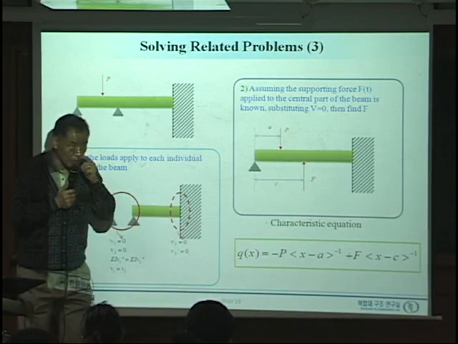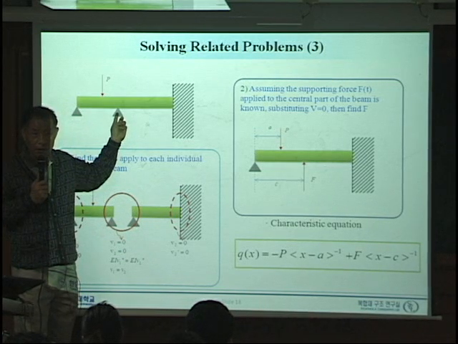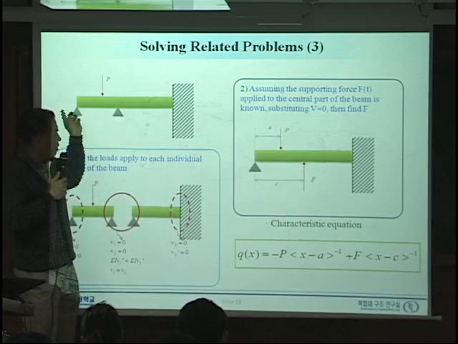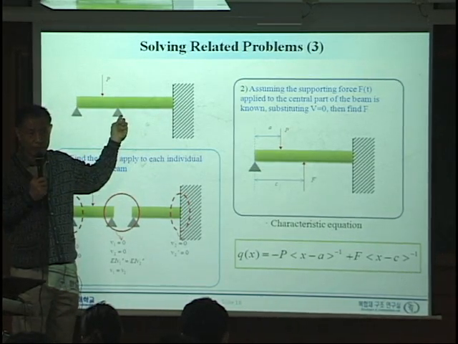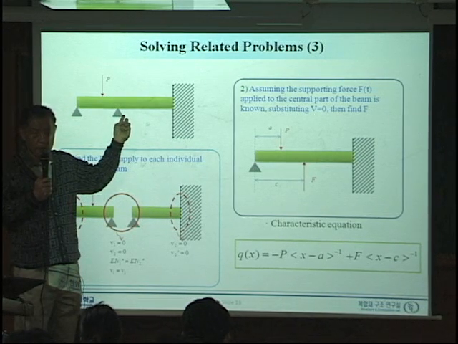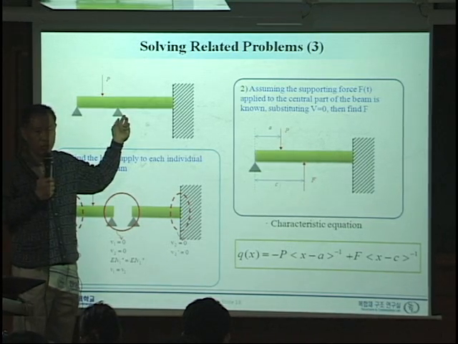But here the point is that there is a kinematic boundary condition, not at the ends but in the middle of the beam, right? So far, we didn't learn how to solve this one.